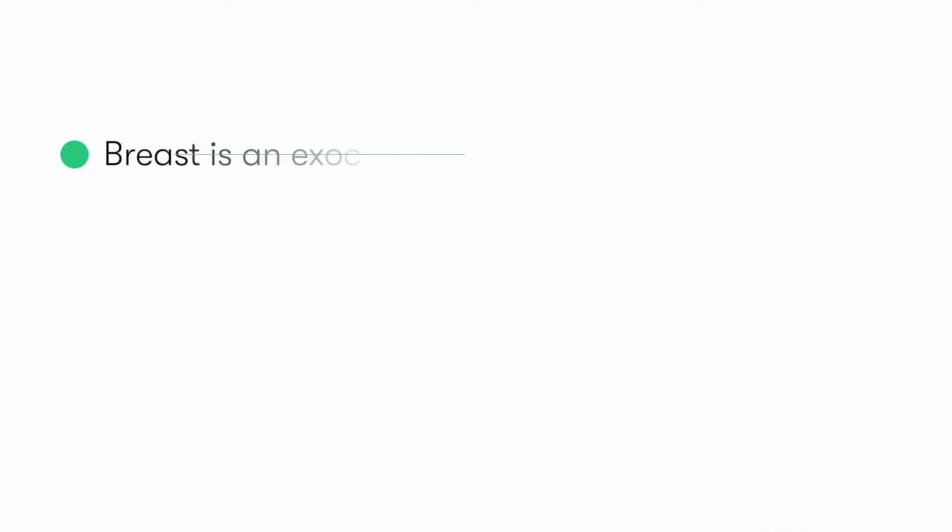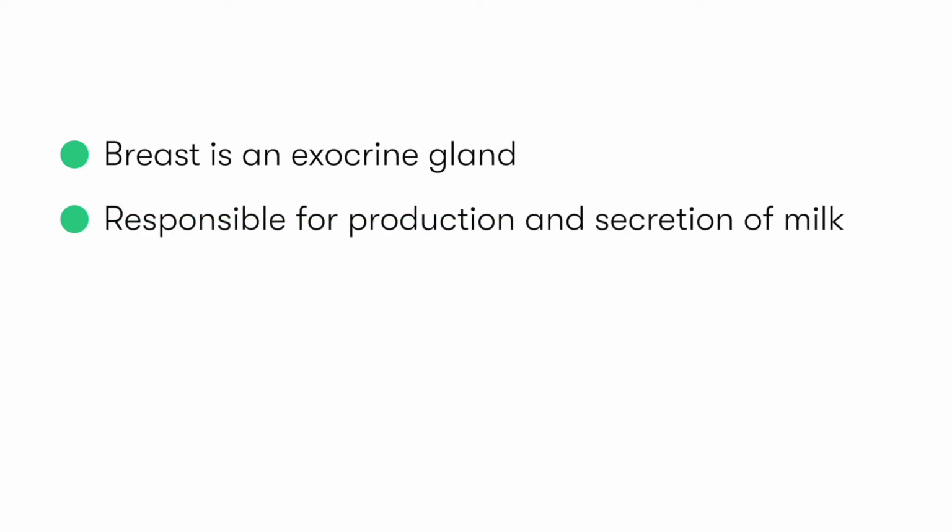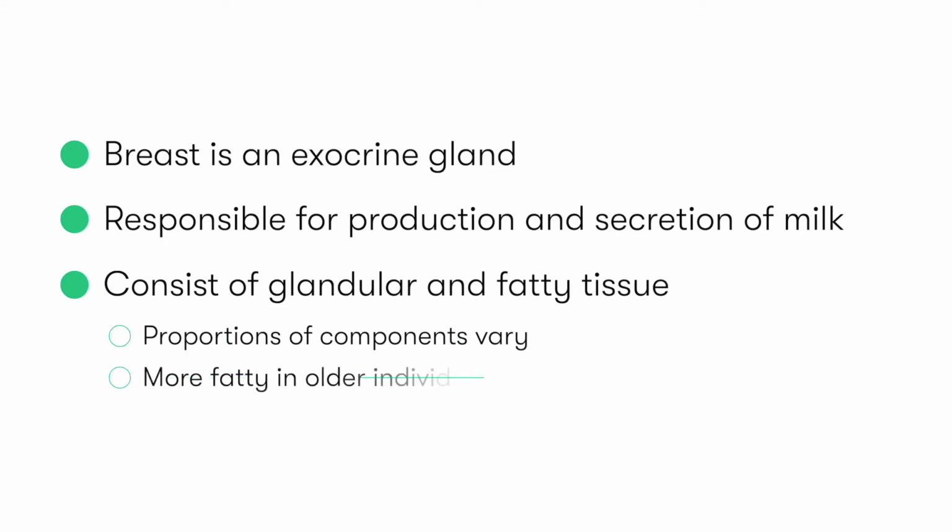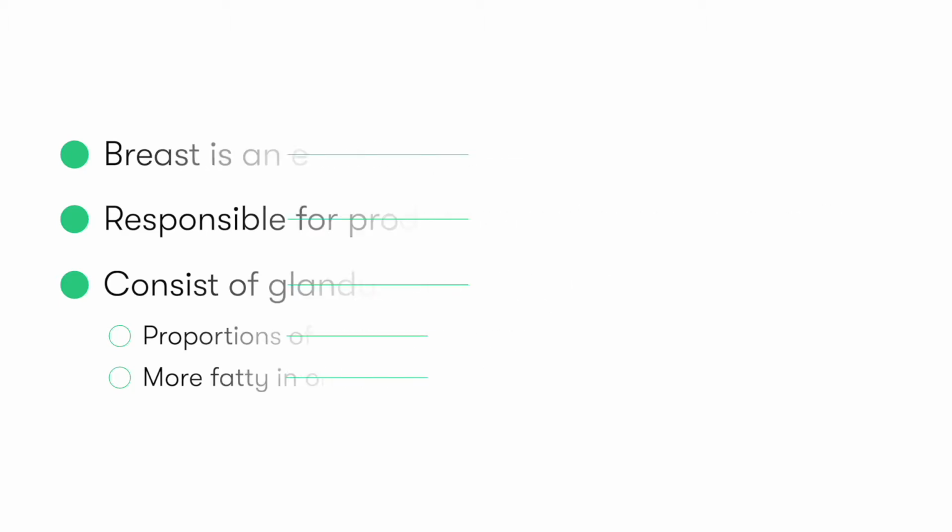So starting with some anatomy, the breast is an exocrine gland, which is responsible for the production and the secretion of milk. It consists of both glandular and fatty tissue, and the proportions of these two components vary for different individuals and also alter with age, with a respective greater amount of fat in older patients.